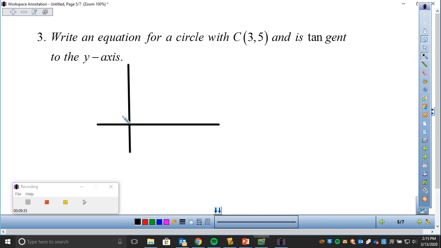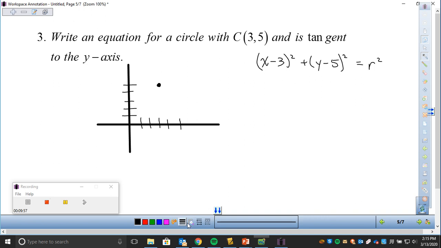Let's draw these. 1, 2, 3, 4, 5. 2, 3, 4, 5. So (3, 5) is our center. There's roughly our center right there. So we can write most of this: (x minus 3) squared plus (y minus 5) squared equals r squared. It says it's tangent.